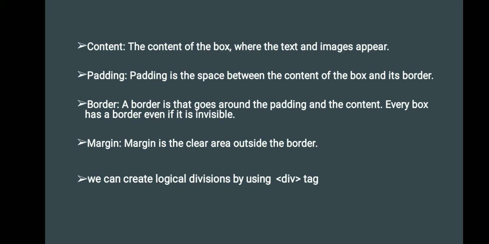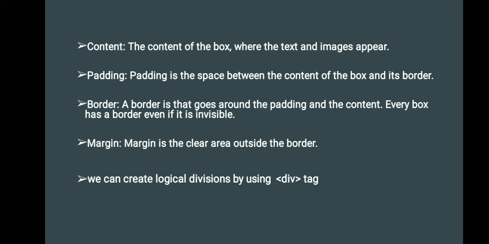Padding is a space that we specify between the content of the box and its borders. Padding value can be used on the four sides: left, right, top, and bottom.